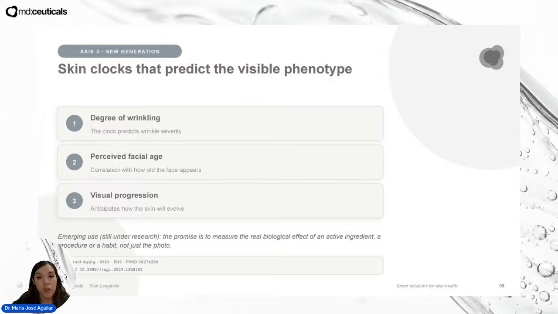Maybe we can use devices like Visia. We can use visual devices that can help us make a full screening of the patient and how we can predict the chronological age.